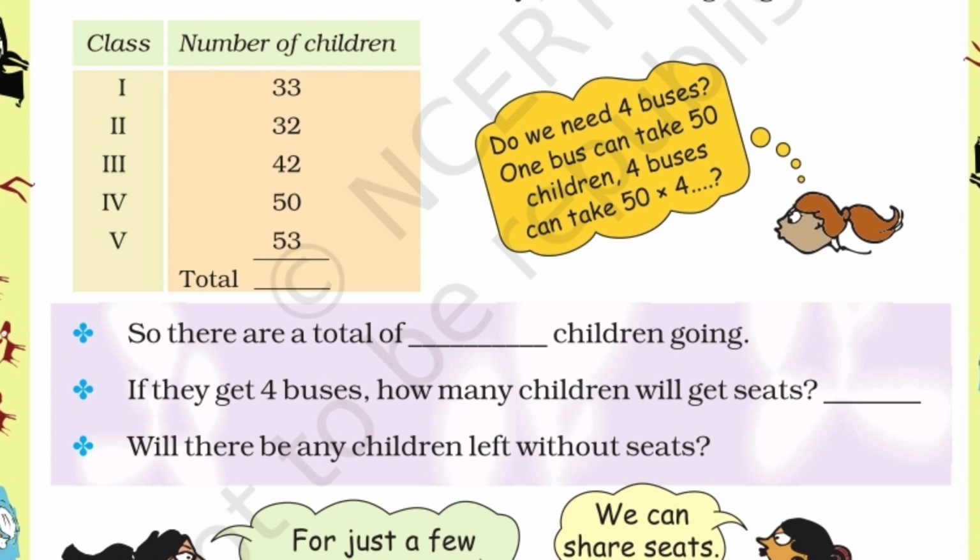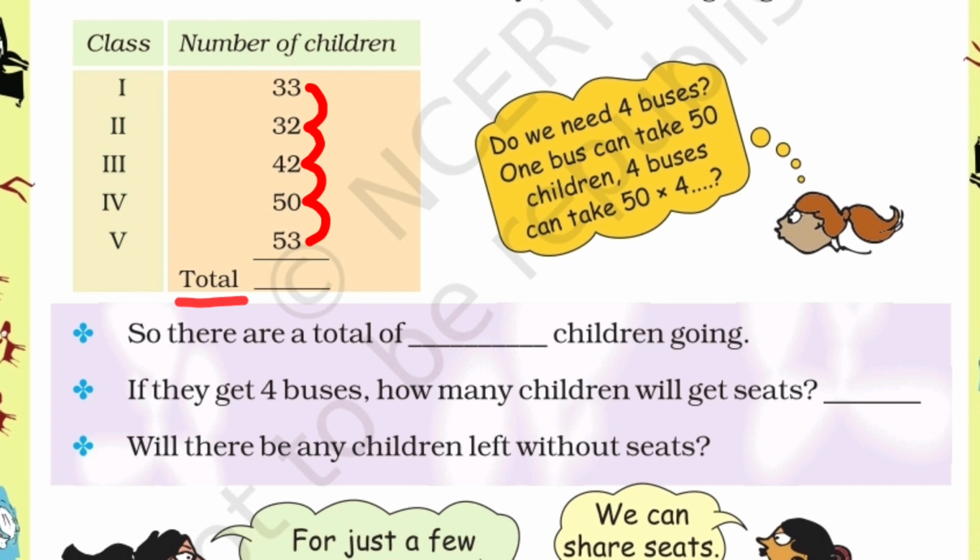Now we will calculate the total number of children going on this trip. From class 1 we have 33, class 2 we have 32, class 3 we have 42, class 4 we have 50, class 5 we have 53. So we will find this total. We have 3 plus 2 is 5, 5 plus 2 is 7, 7 plus 3 is 10.